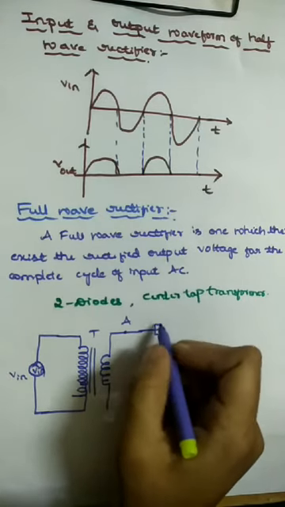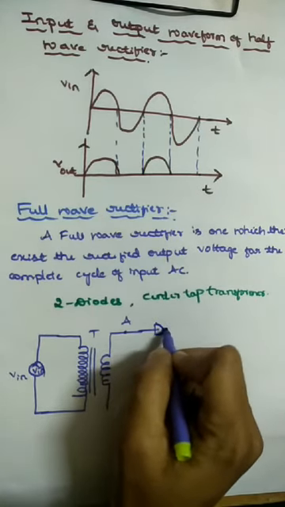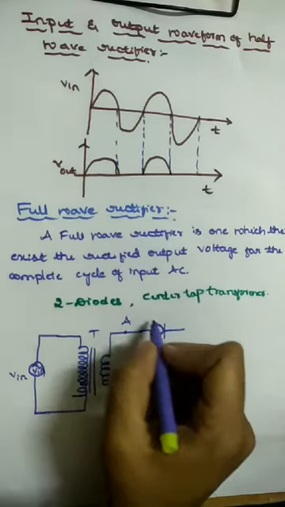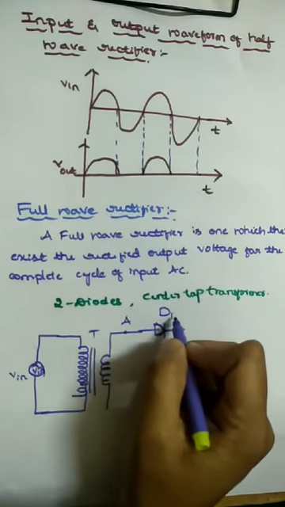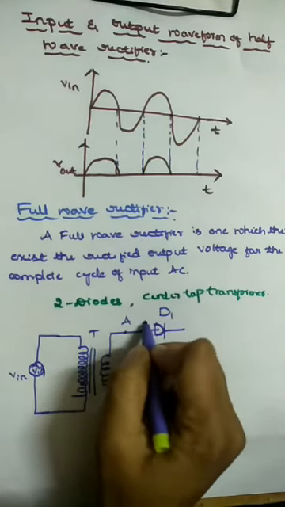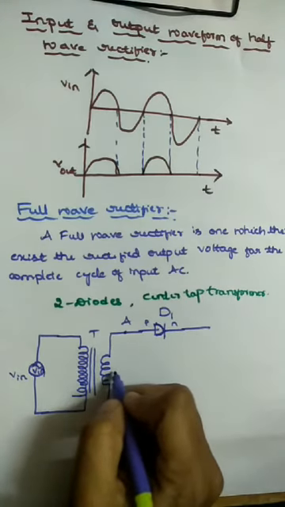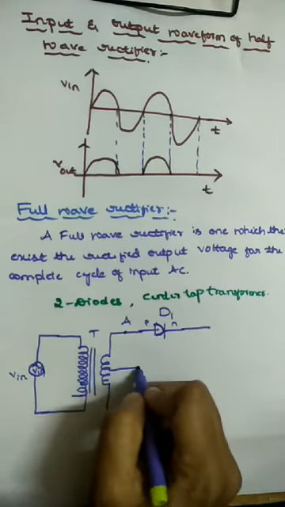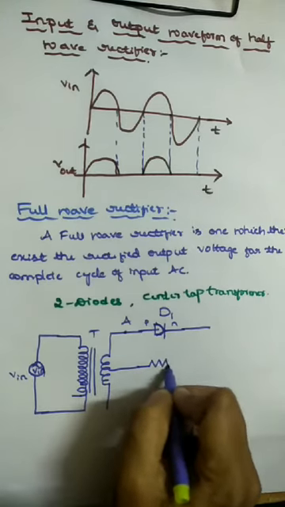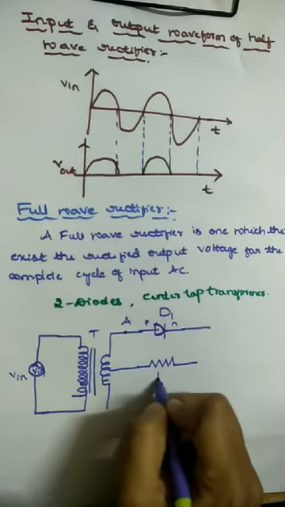So this is the junction diode, this is D1, that is the P-N junction here. Again we are going to use the load resistance RL.